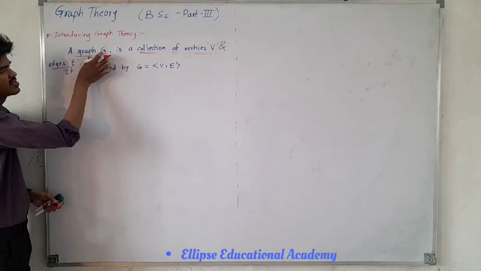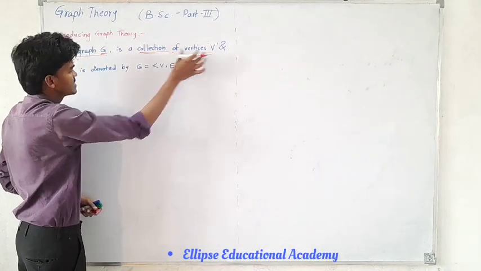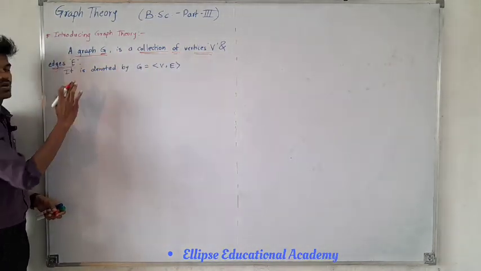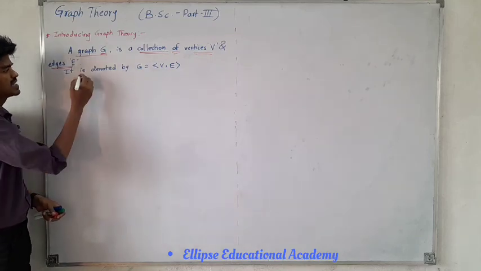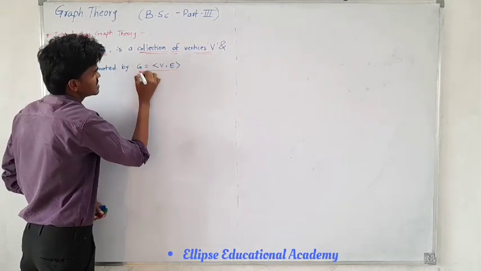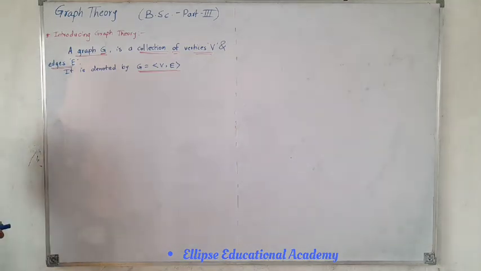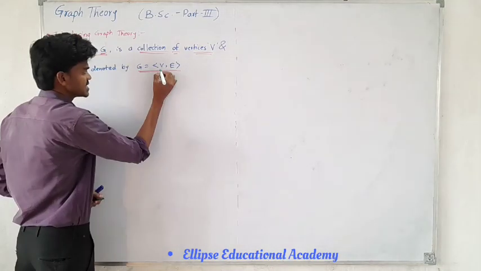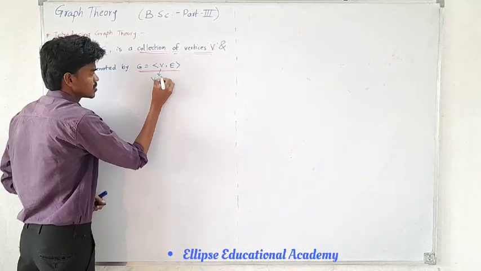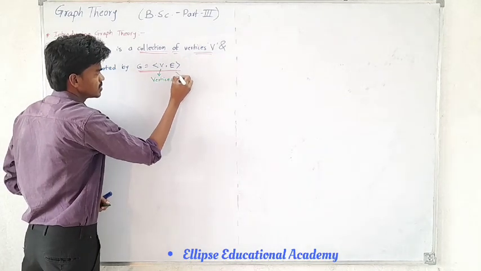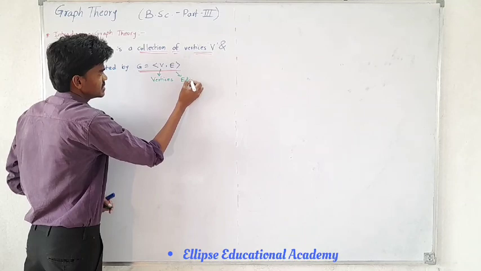Graph means a collection of vertices and edges. Basically it is denoted by G = (V, E), where V stands for vertices and E stands for edges.